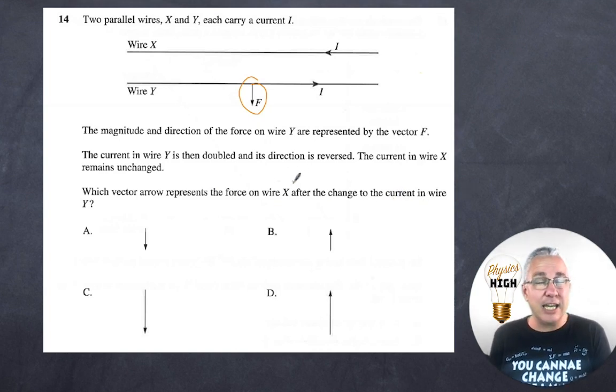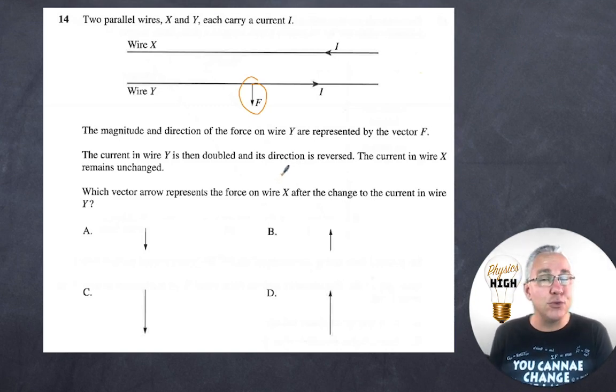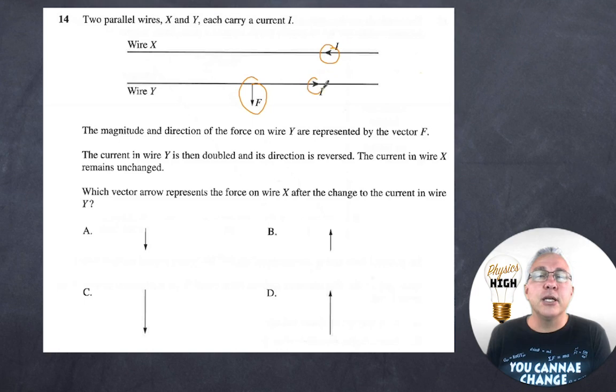So read this carefully. This is, by the way, module 6, electromagnetism, which is actually the motor effect. In this case, we have the wire currents going in the opposite direction, so they're experiencing a force in opposite directions, like so. Now what happens is Y is doubled and the direction is reversed. So when this is reversed, we now get an attraction towards each other as a result.